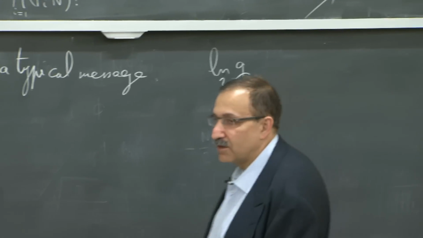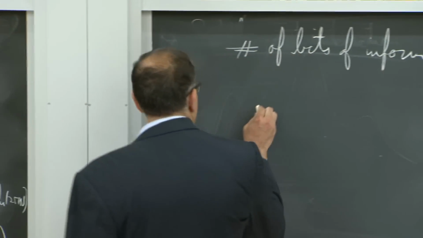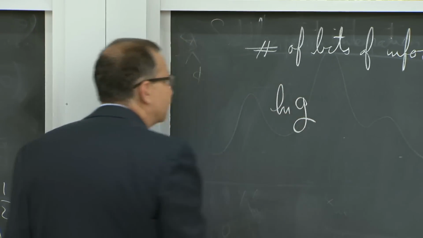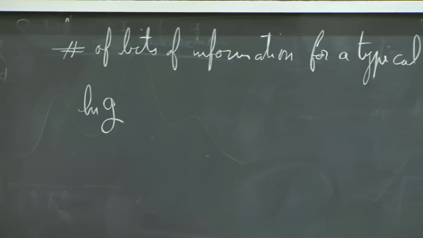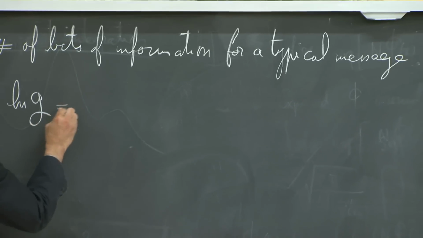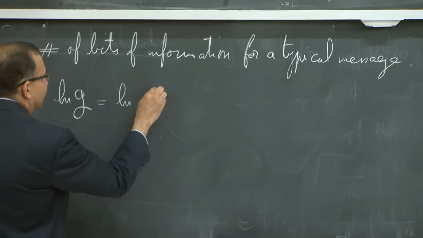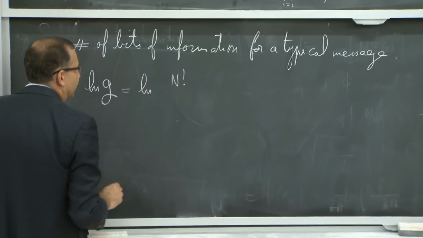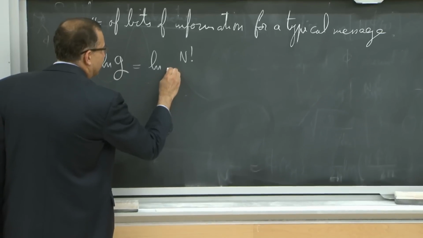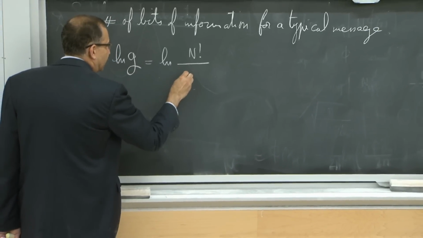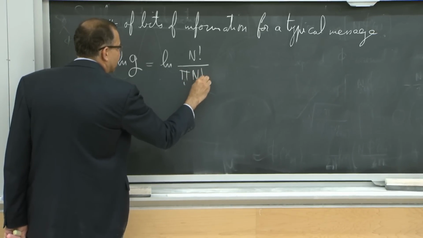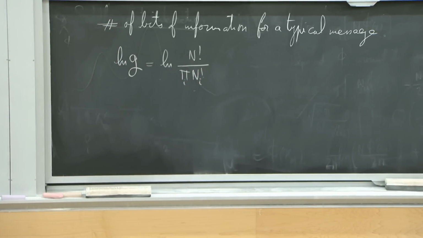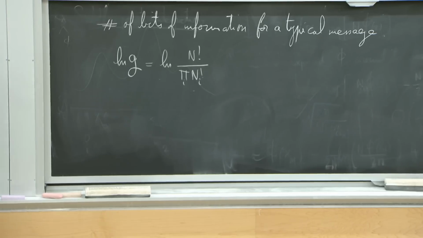So let's see what this log G is, and for the time being, let's forget the basis. I can always change basis by dividing by the log of whatever quantity I'm using as the basis. This is the log of n factorial divided by the product over i of n_i factorials, which are these p_i n.